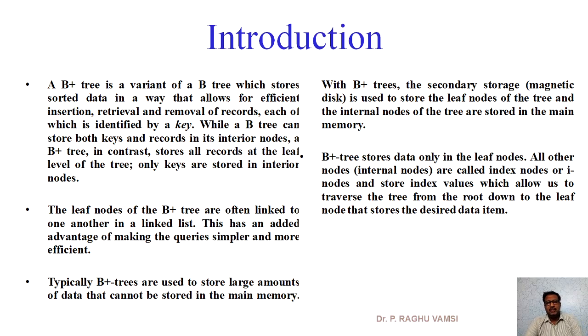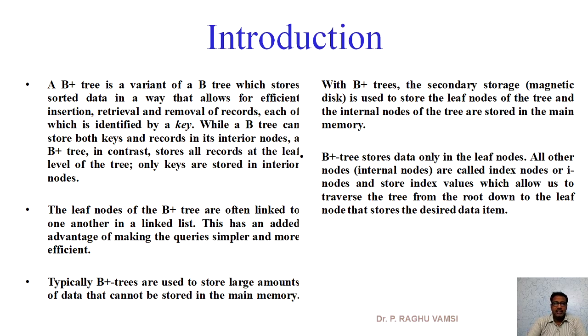In B plus trees, especially the leaf nodes, because the data will be provided in the leaf nodes, these leaf nodes will be pointing to the actual hard disk, that is the secondary storage device, and its corresponding keys will be available in the main memory. B plus tree stores data only in the leaf nodes, that you must remember. All other nodes, that is the internal nodes except the leaf nodes, are called index nodes.